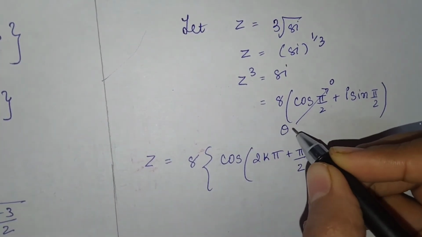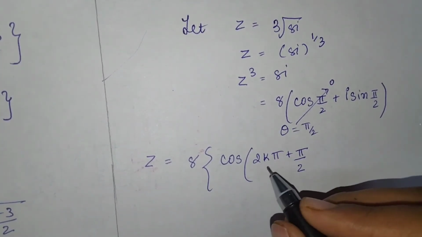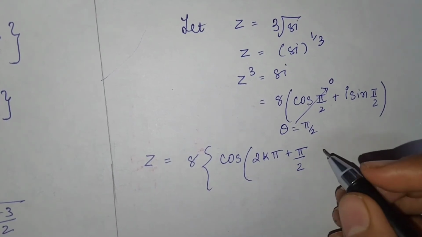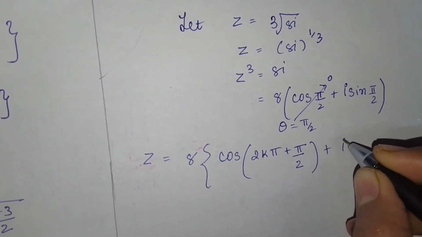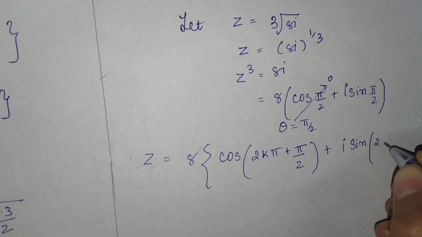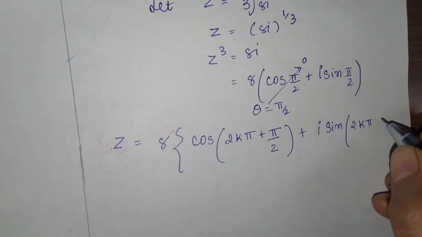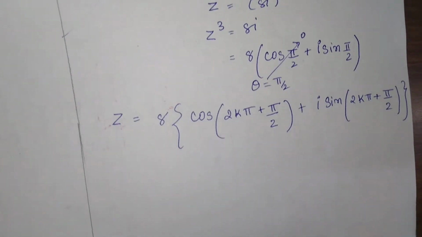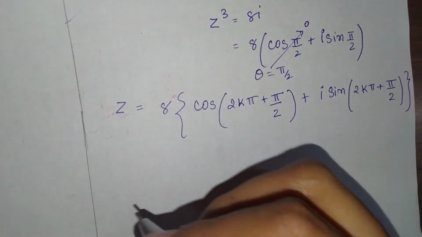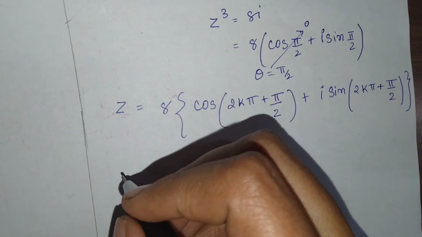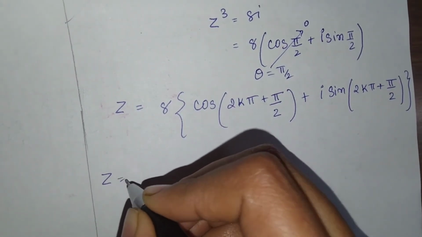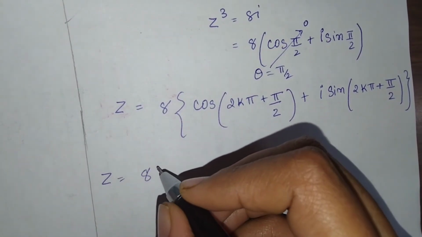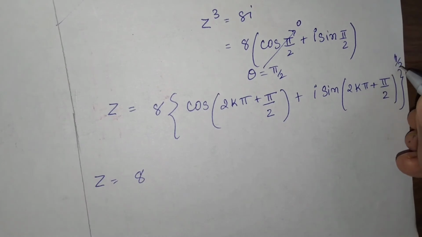Our theta is pi/2, so we will write cos(2k pi plus theta, that is pi/2) plus I sin(2k pi plus theta), and theta is pi/2, so 2k pi plus pi/2. Now we can rewrite it as z equal to 8 raised to 1/3.